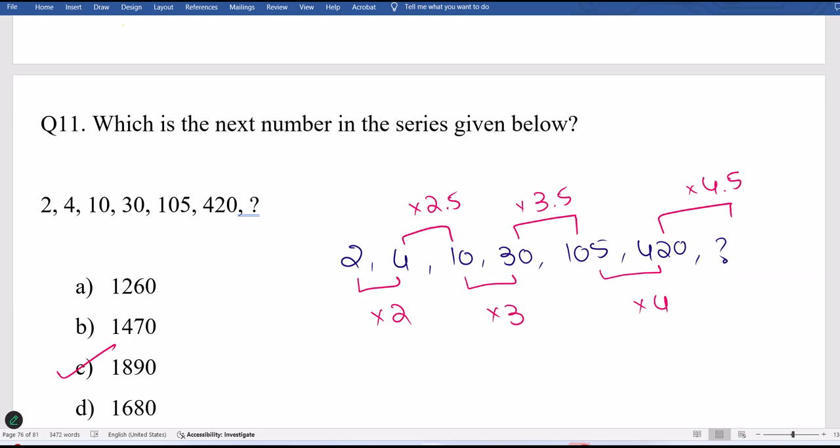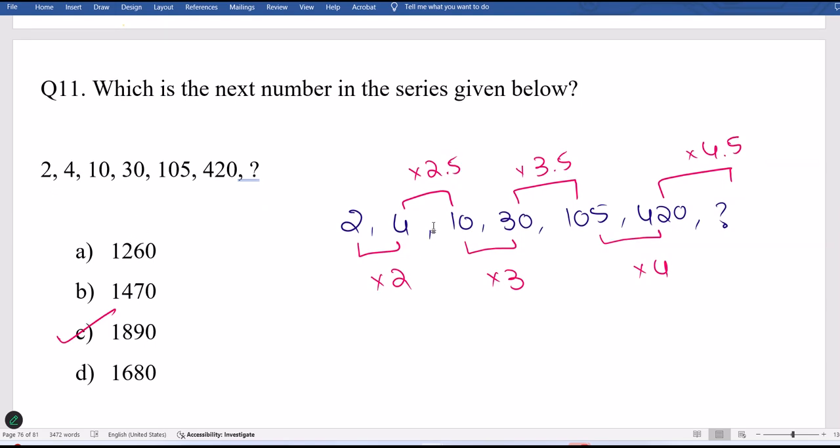Bit typical question this is. Because generally, if any number is ending with 0.5, then we'll get the idea. Numbers are increasing and ending with 0.5, means we have to do 2.5, 3.5 like that. But in this question, there is no number ending with 0.5, but still it is multiplied with 2.5, 3.5, 4.5.